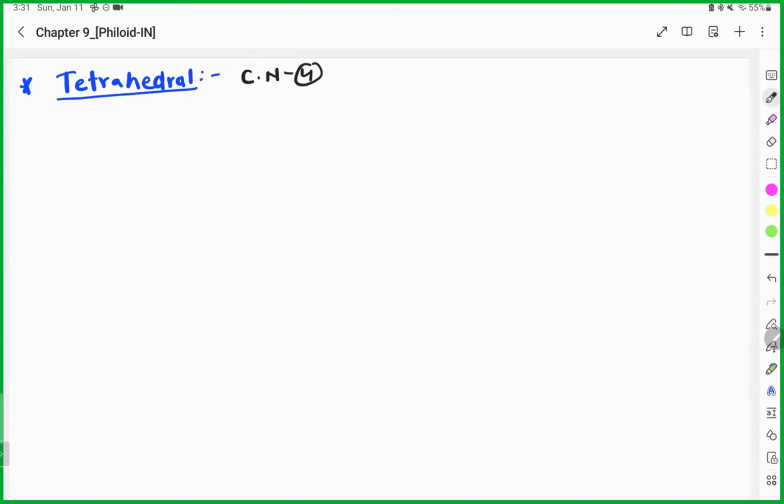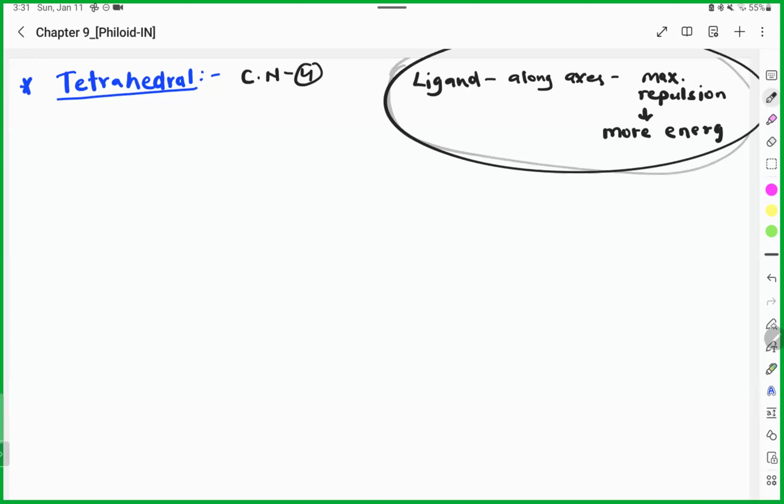In octahedral, the ligands along the axis felt maximum repulsion, and whenever there is maximum repulsion, there is more energy. This happened in case of octahedral.